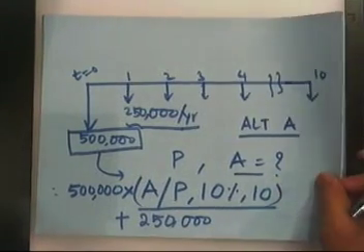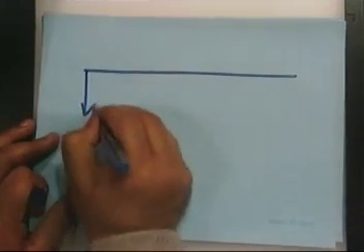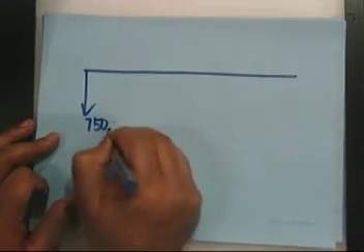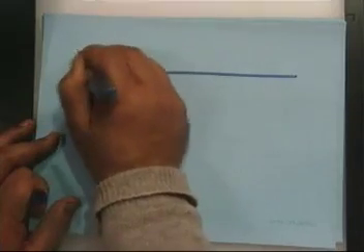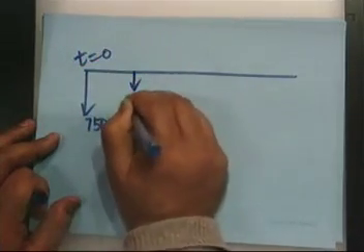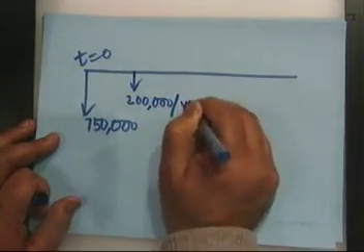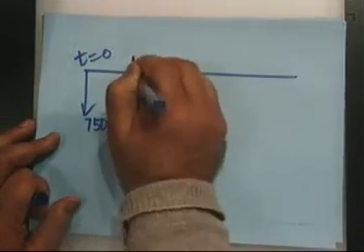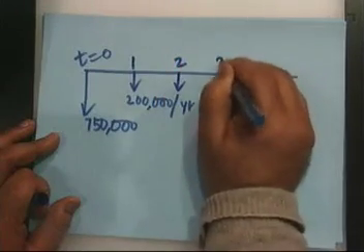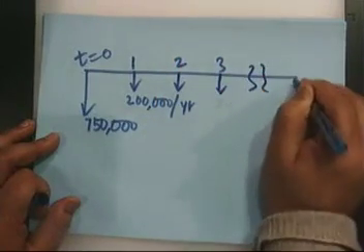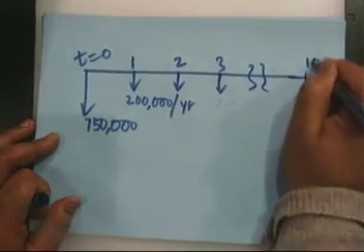Now, in the same manner, I do it for alternative B also. Alternative B is like this: you spend 750,000 now, and then the per year investment requirement is 200,000 for the next 10 years. Year 1, 2, 3, I break it here and then I reach 10.